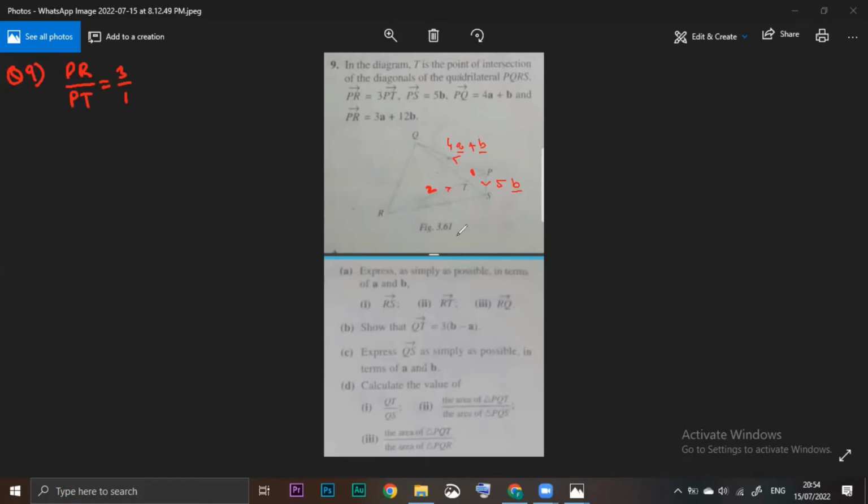PR is 3A plus 12B. This PR, the direction should be this, is equal to 3A plus 12B.